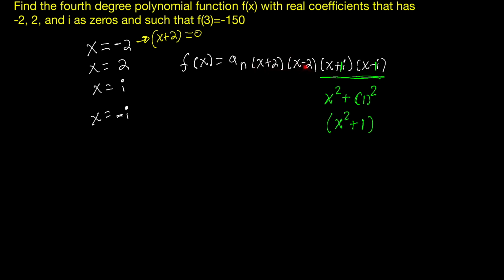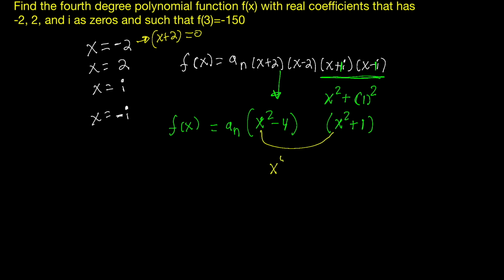So here this simplifies to x squared plus 1. Now here I notice that this looks a lot like a difference of squares, right? So I can rewrite this as x squared minus 4. If we were to go backwards, this would be x squared minus 2 squared, which would give me back the x plus 2, x minus 2. So I get that f of x is equal to a sub n multiplied with x squared minus 4, x squared plus 1. So here I'm going to use distribution to multiply these out.